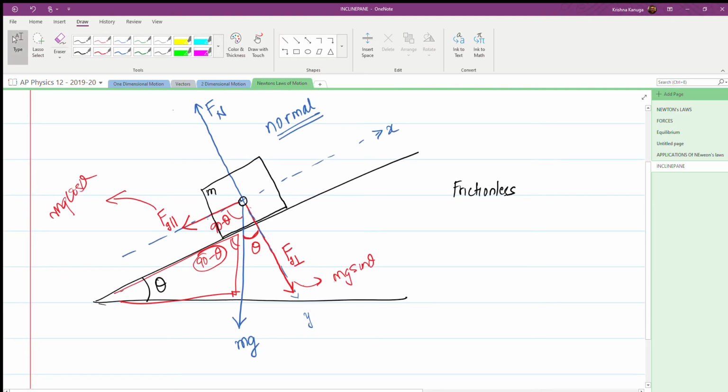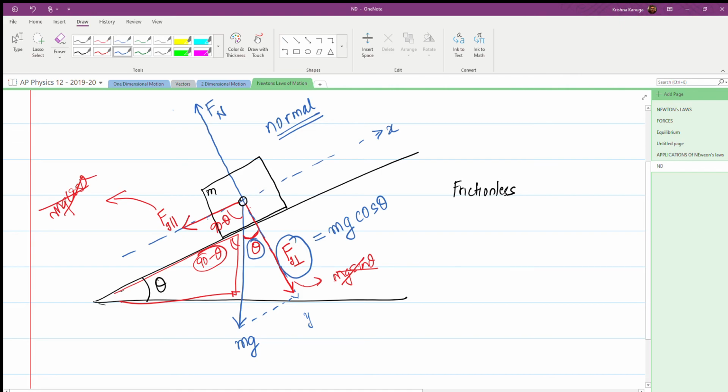Let's see why this would not be correct. Let's use basic trigonometry here. We know the angle theta is the angle. If we were to finish this right angle triangle, do you see how Fg perpendicular is the side adjacent to the angle theta? So which ratio goes with adjacent? It's cosine theta. So Fg, the perpendicular component of the gravity, is going to be mg times cosine theta.